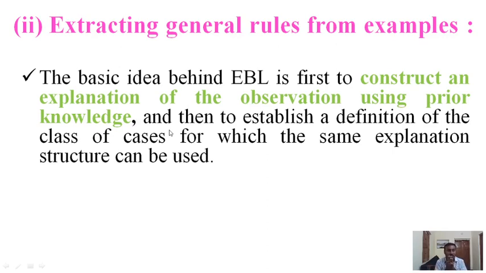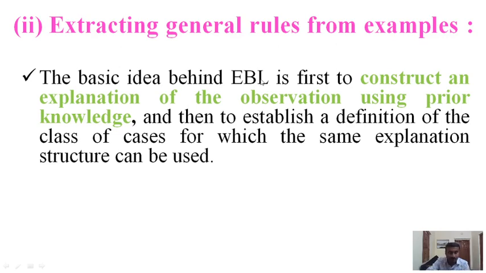So first we want to construct an explanation of what you observed from the environment by using your prior knowledge. What is the knowledge you have? Based on that, you construct a small explanation of what you observed from the environment. That is the first point and idea behind explanation based learning.